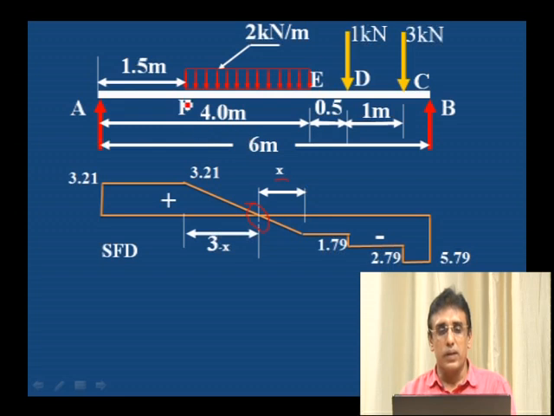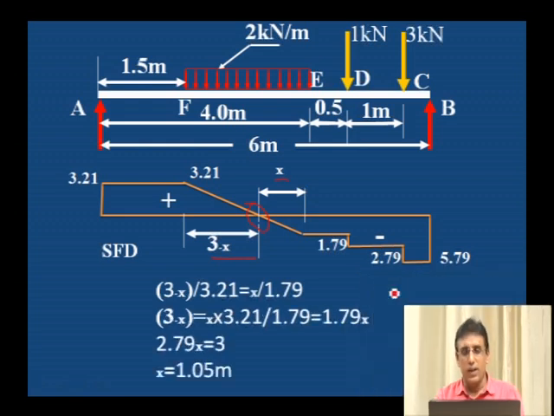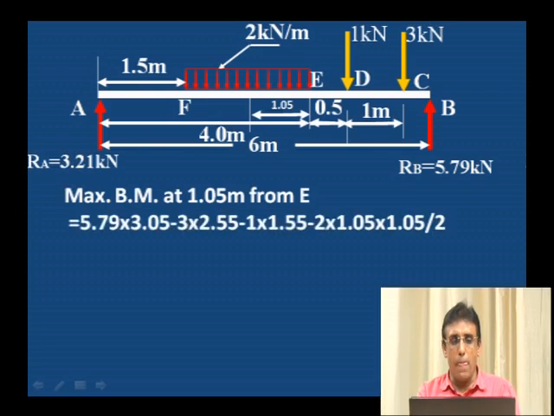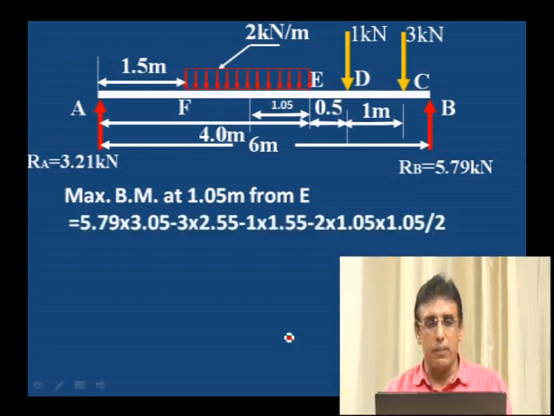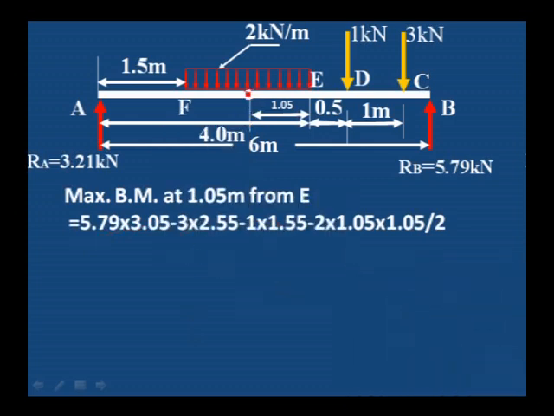Therefore F to E is the distance 3 meter, so 3 minus x is the distance where shear force changes its sign. You have to calculate the x value, then find the maximum bending moment by taking the moment about the point where shear force changes its sign.